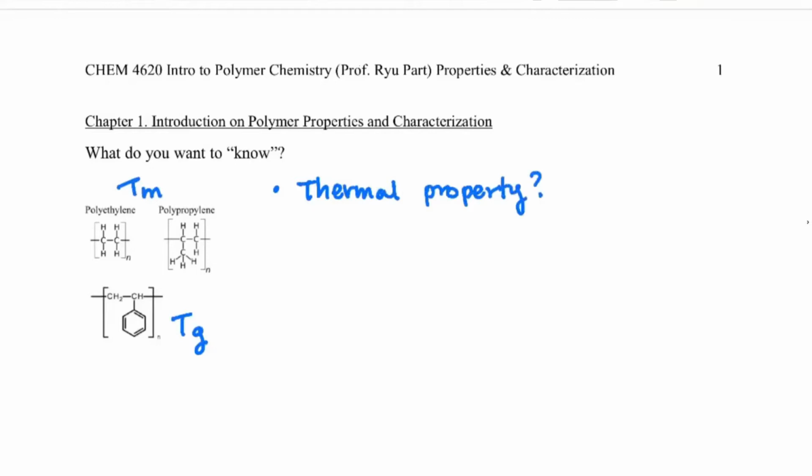And how do people measure those thermal properties, such as Tg, Tm, and also what is known as degradation temperature.